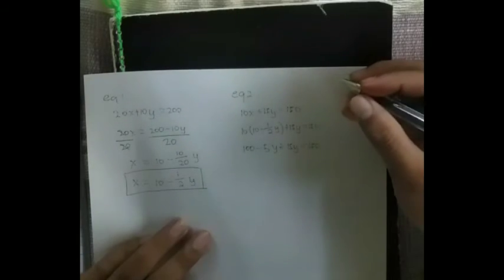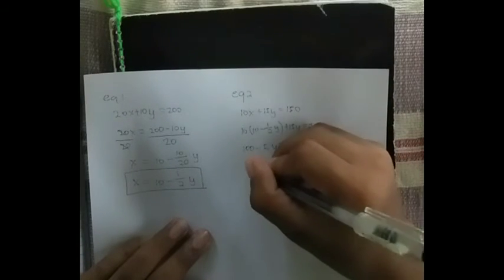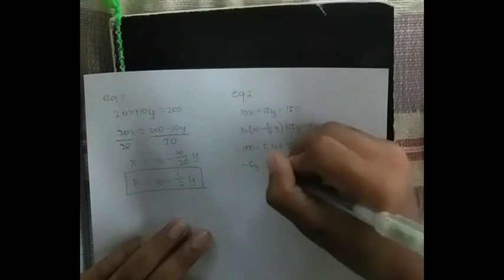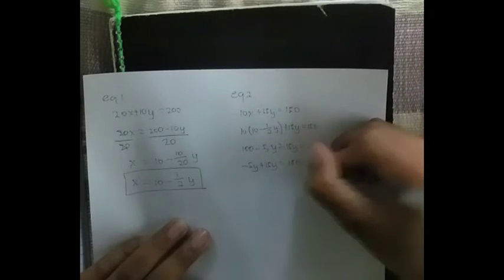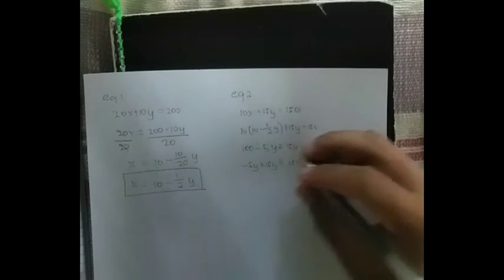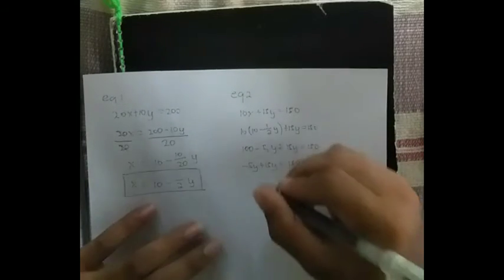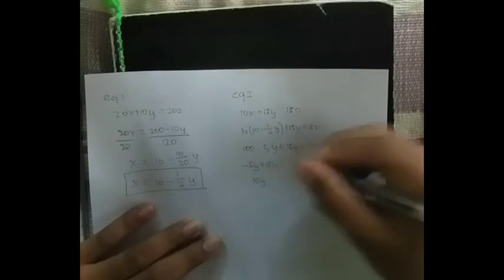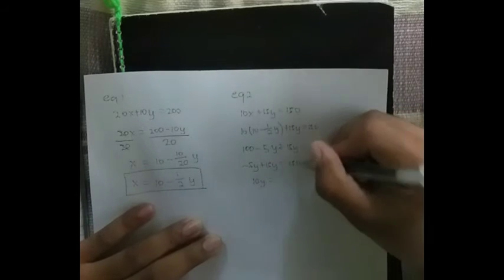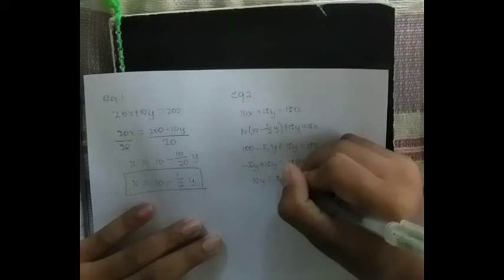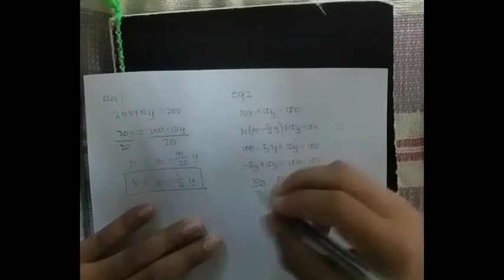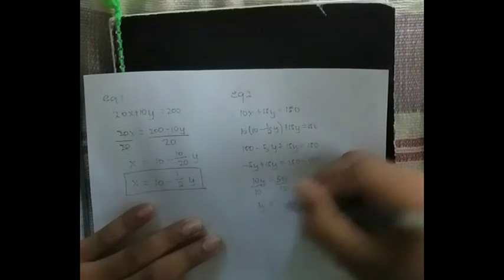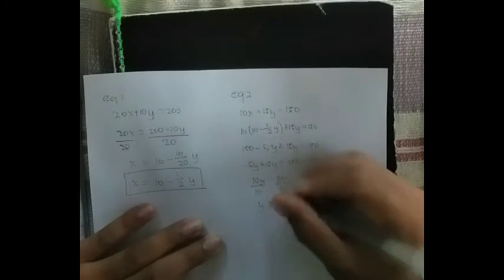Then negative 5y plus 15y equals 150 minus 100. So 10y equals 150 minus 100, which is equal to 50. Divide both sides by 10. So y is equal to 5.